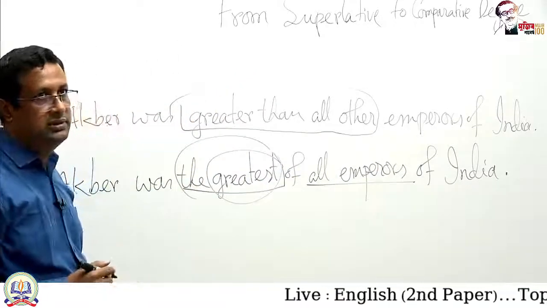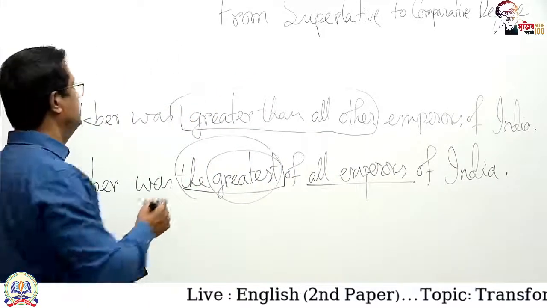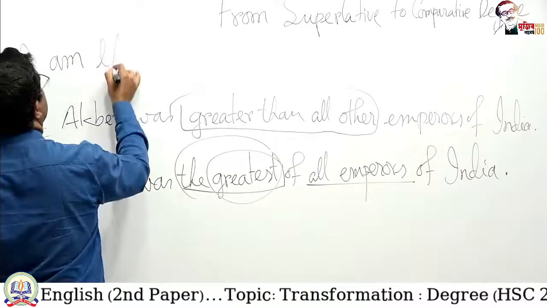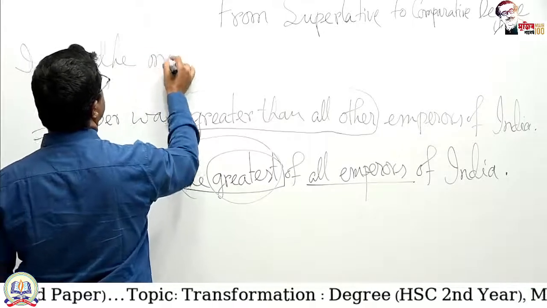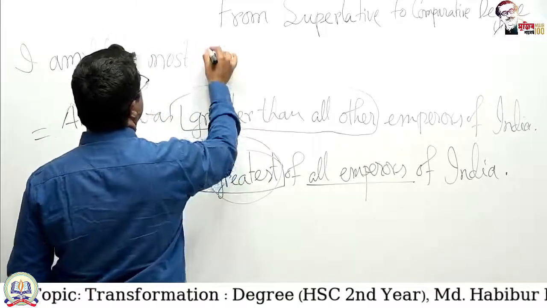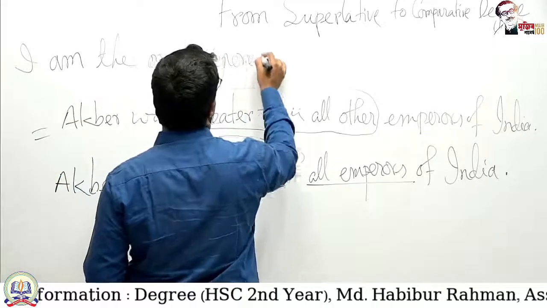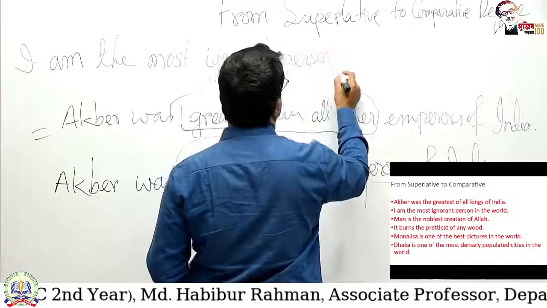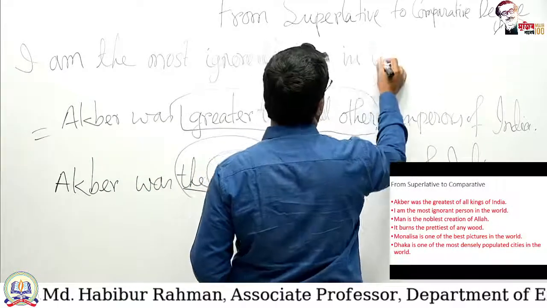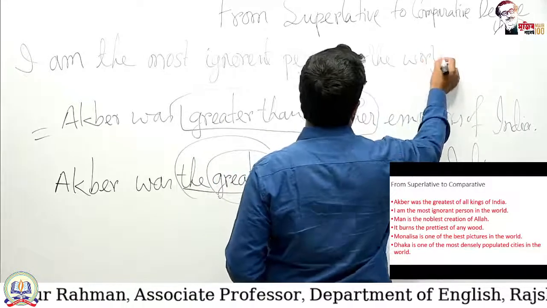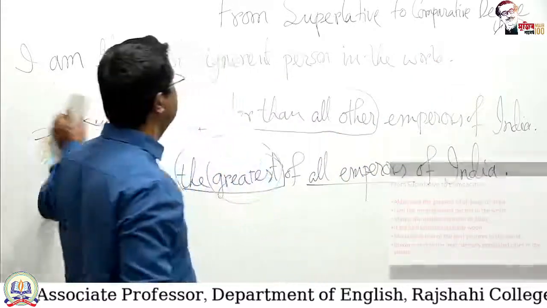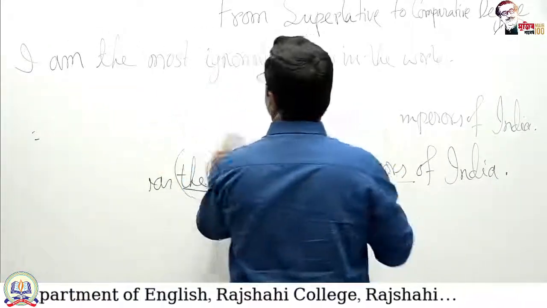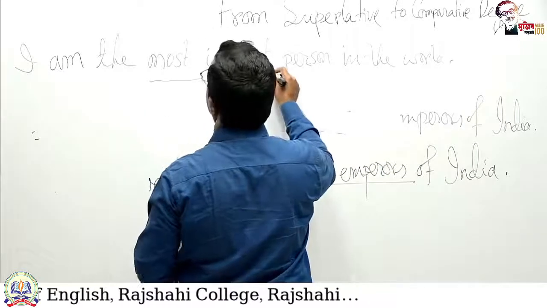Now, another example, I am the most ignorant person in the world. This is superlative degree, most ignorant.